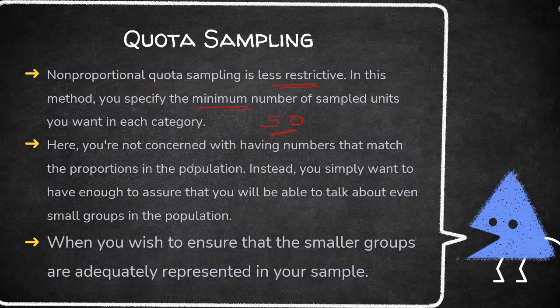Why do we want to go ahead with non-proportional quota sampling? Simply because in different social research scenarios, we have a problem of inclusion.